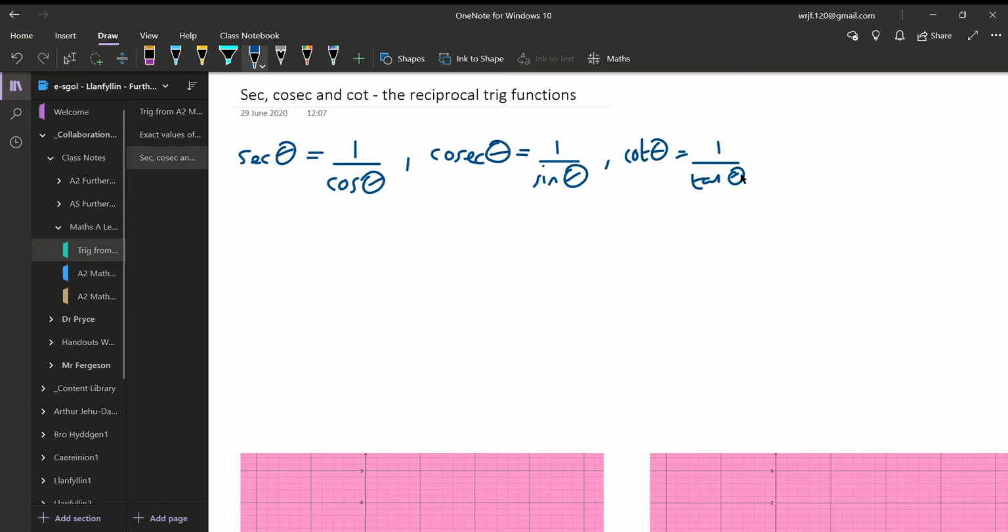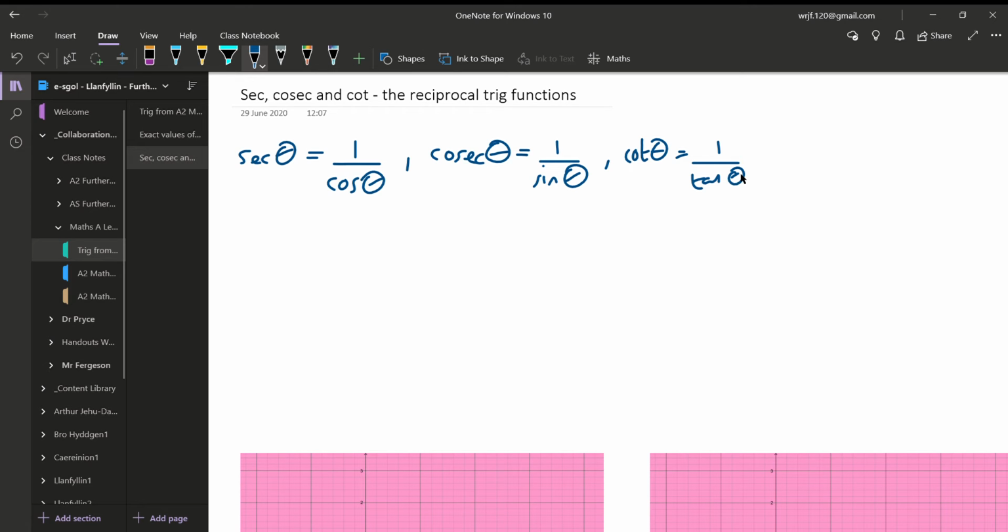Notice that you need to be clear and sure about which one is which. I think in my head there's a bit of potential confusion between sec and cosec. Sec looks a bit more like sine because it starts with an S. Cosec looks a bit more like cos because it's got the word cos in it. I'm sorry about that. There's nothing I can do about that, I'm afraid.